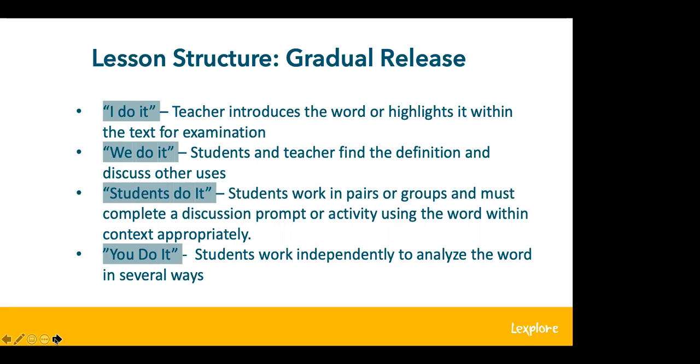The students work together in groups or pairs to complete a discussion prompt or an activity requiring them to use the word multiple times. When working with pairs or groups, there always needs to be an accountability piece. So, if working with partners, each partner is expected to perform the task while the other checks for accuracy and completion. We will talk about different strategies you can use in all stages of the gradual release method.